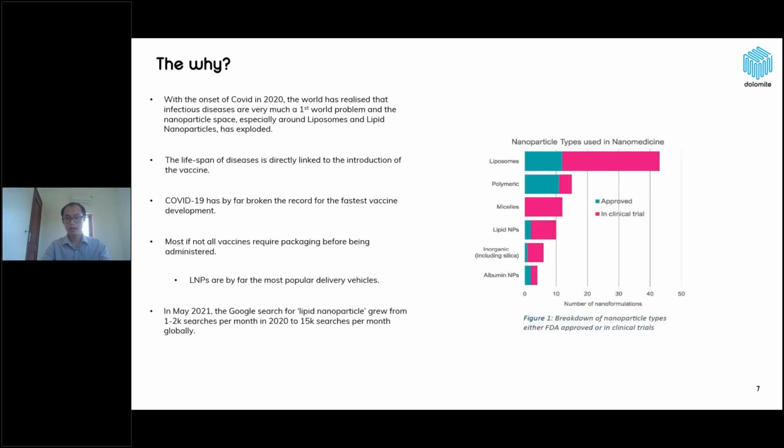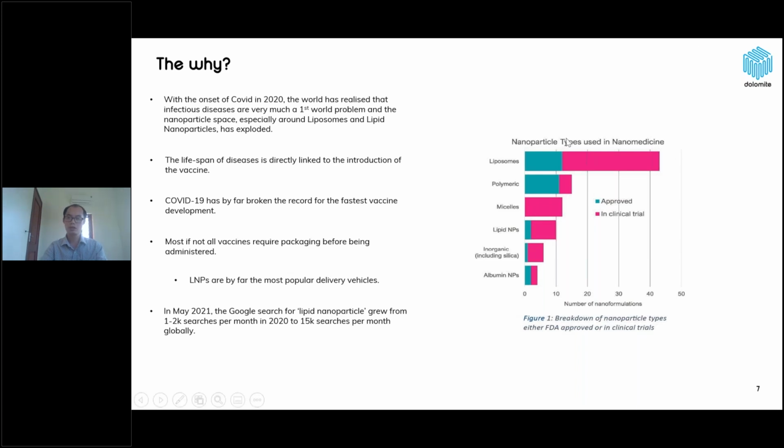Actually, in May 2021, Google searches for lipid nanoparticles or liposomes grew from 1 to 2,000 searches per month in 2020 to 15,000 searches per month globally.